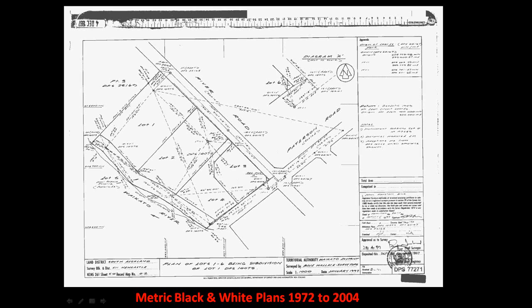These plans in 1972 became, rather than the one plan of pre-1972, two plans, this being the survey plan, which holds all of the survey information, followed by its mate, the title plan, which just has the title information: the boundary bearings and distances of the boundaries, right-of-ways, things of interest to the people who are purchasing the title or transferring the title.